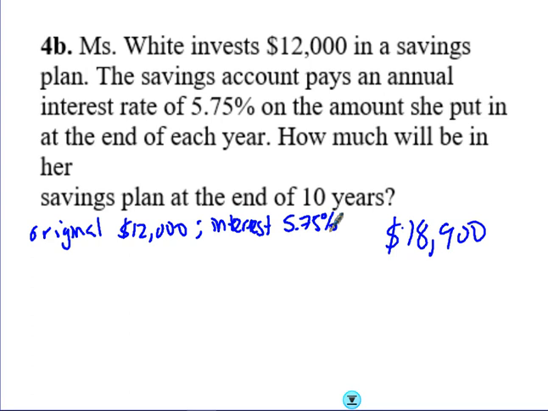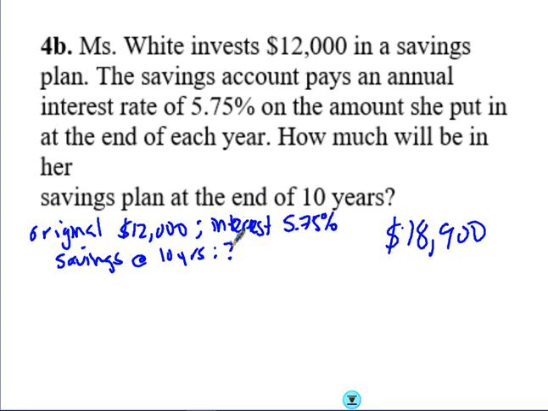And the question is, how much will be in her savings at the end of 10 years? So savings at 10 years is unknown. And it's important, we didn't do this the first time, but it's important that we write out the given information, especially when you're doing work on a computer, or just to ensure that you have everything that you were given and everything that you need.